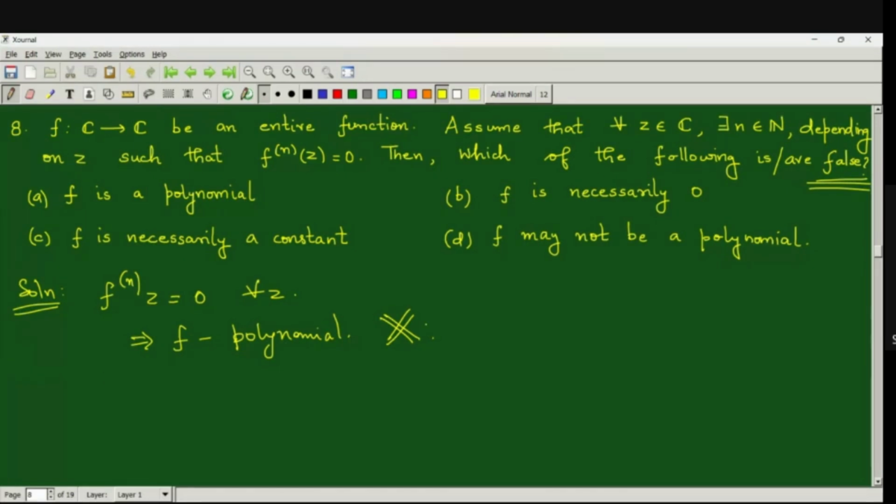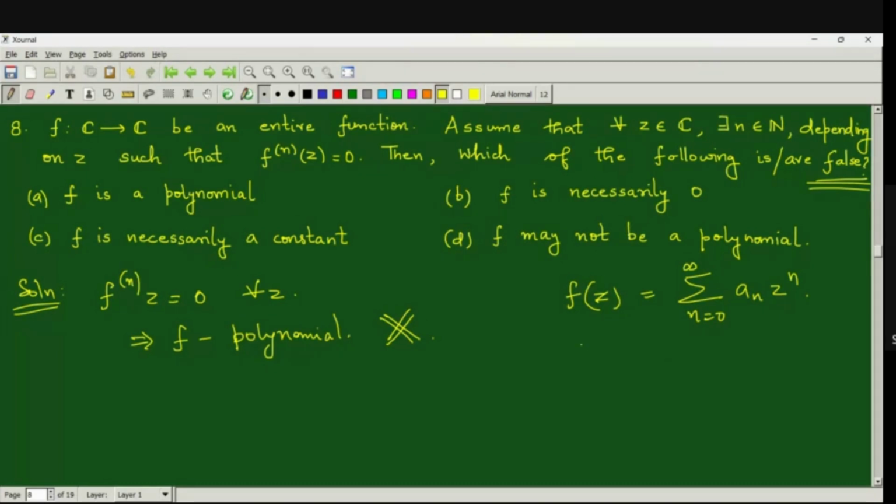That's why I said this is not the case. What actually is f? f is actually the Taylor series expansion, the sum of a n z power n.